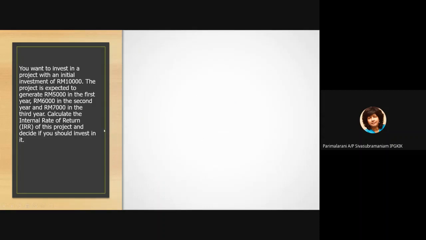Say we want to do this question. We want to invest in a project with an initial investment of 10,000. The project is expected to generate 5,000 in the first year. CF1 is 5,000, CF2 6,000, CF3 7,000. So you want to know if this project is worth it or not, whether you should invest in it.